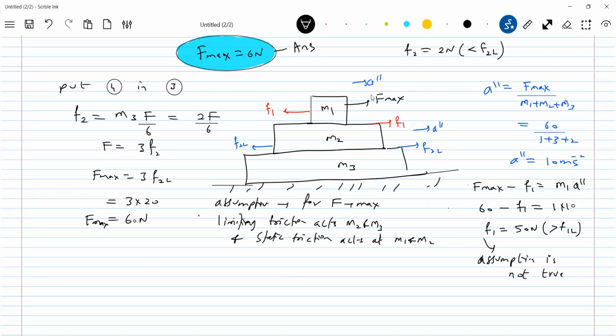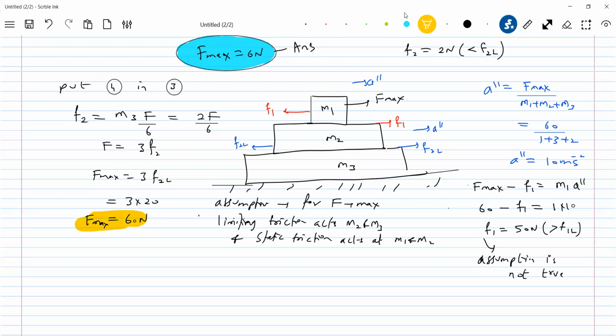Okay, so finally, will you write 6 Newton or 60 Newton as the maximum force for which there is no slipping? Please do clarify. This is the first problem. You can understand this, you can manage. Rest all that I ask will be very easy for you. So shall I take the answer as 60 Newton or 6 Newton? No, 6 Newton only, because what we assumed is wrong.